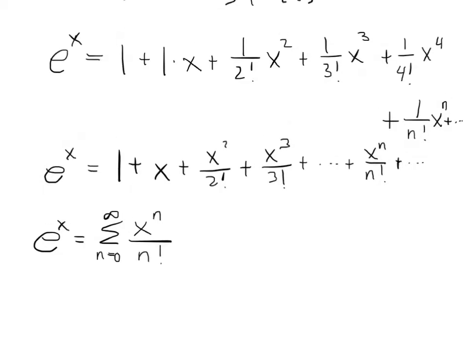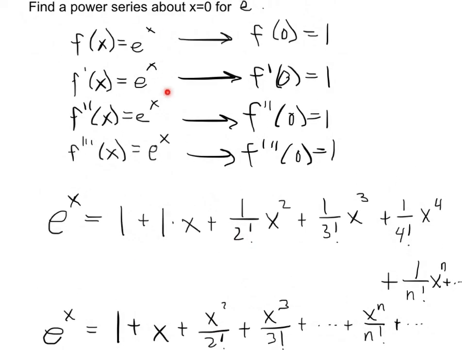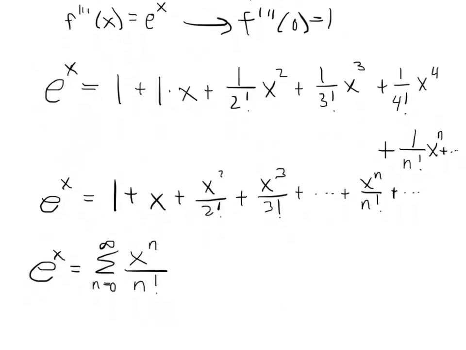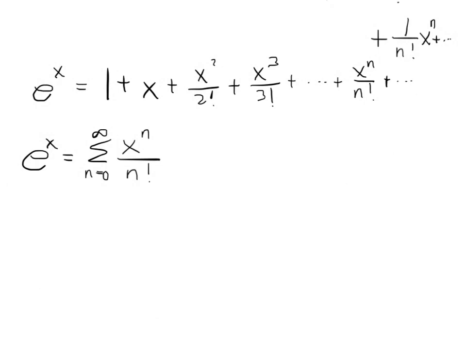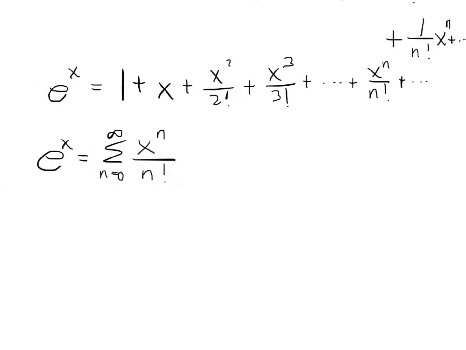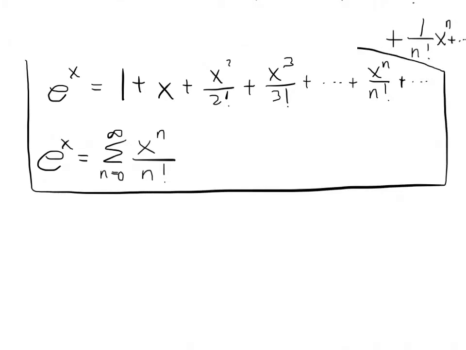The way that we did this was by taking multiple derivatives, evaluating at all the values, plugging those things into this long formula, and then noticing the pattern so that we can make this statement about what e to the x is. Now the good news is that I'm not really going to ask you to do that again. The whole point of today's lesson is about shortcuts. So what I am going to ask you to do today is memorize that. You need to know that that is e to the x, and that needs to be without any doubt at all.